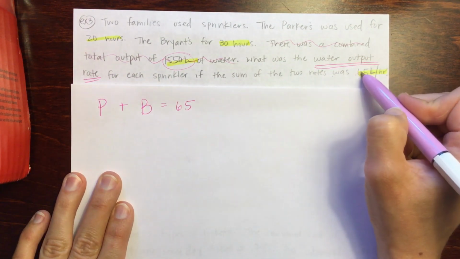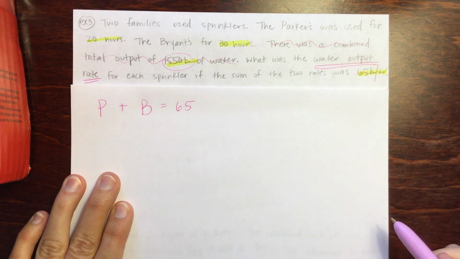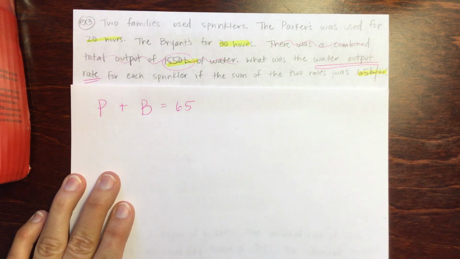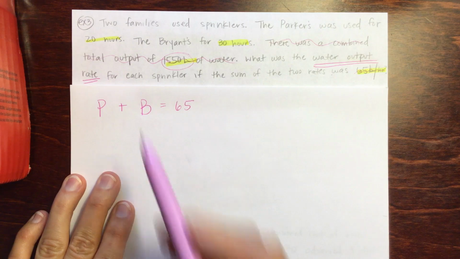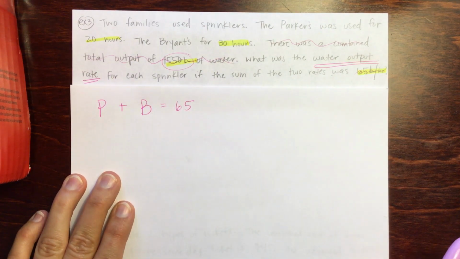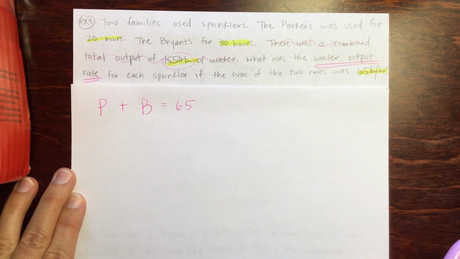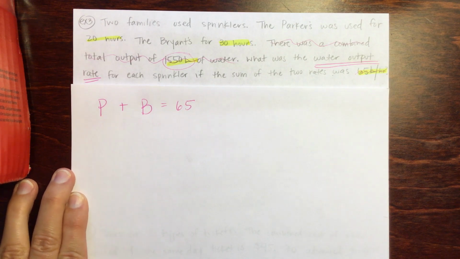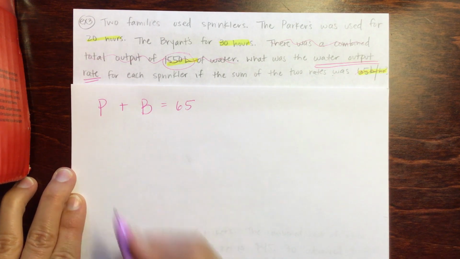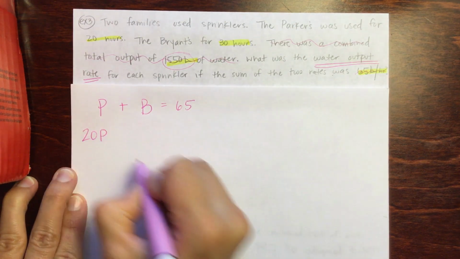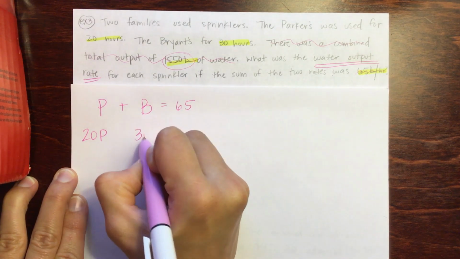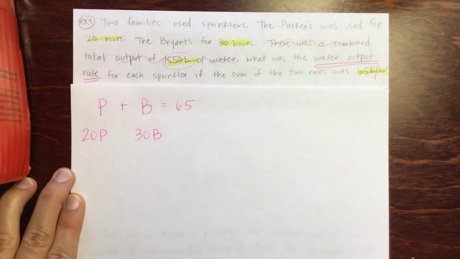So we've used up this number here now. All right, now we need to use the other three numbers here to come up with our second equation. So we have 20 hours that the Parkers was used, and we have 30 hours that the Bryants was used.